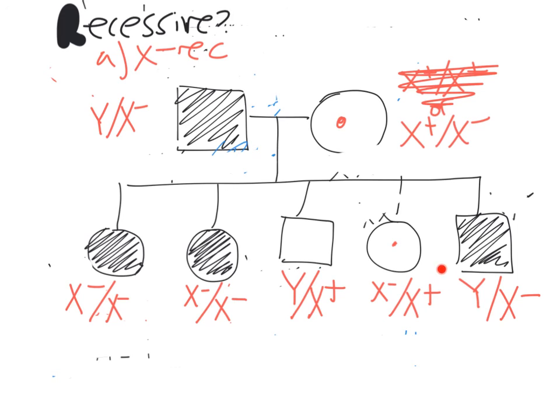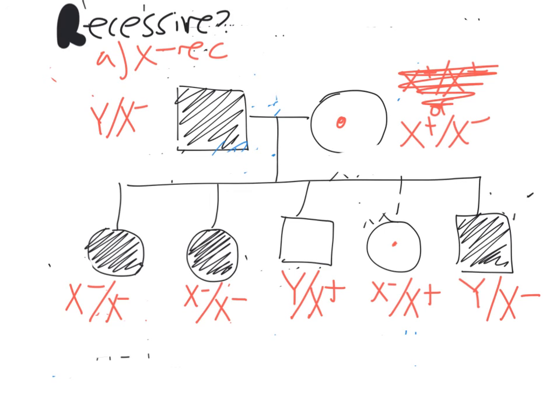So when you have that X plus, that masks the effect of having a minus allele. But in a male, the Y chromosome doesn't have the X plus. He's got nothing, so even only one copy of a recessive allele shows up in the phenotype. So at this point, basically, we haven't ruled out any inheritance pattern.